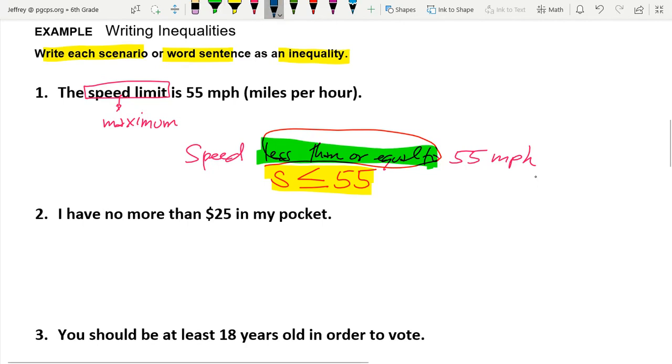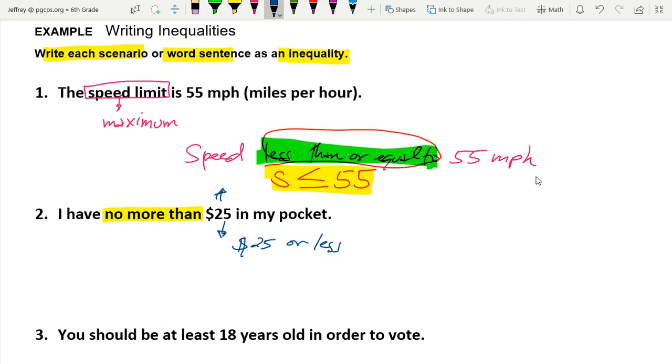Now, the second one: I have no more than $25 in my pocket. So how much money do you have? Do you have $25 or more, or do you have $25 or less? When you say no more than, that means you have $25 or less.